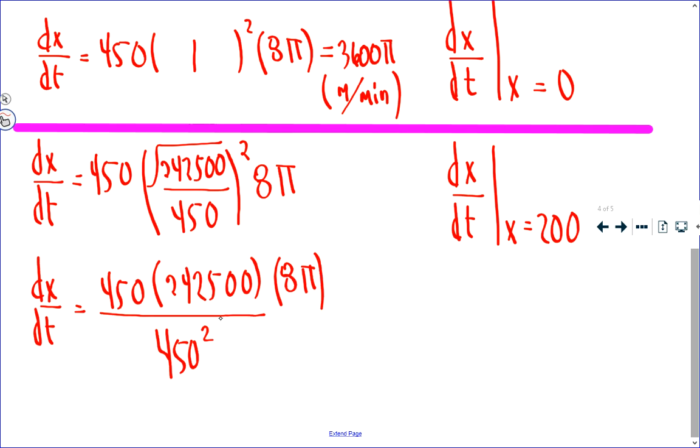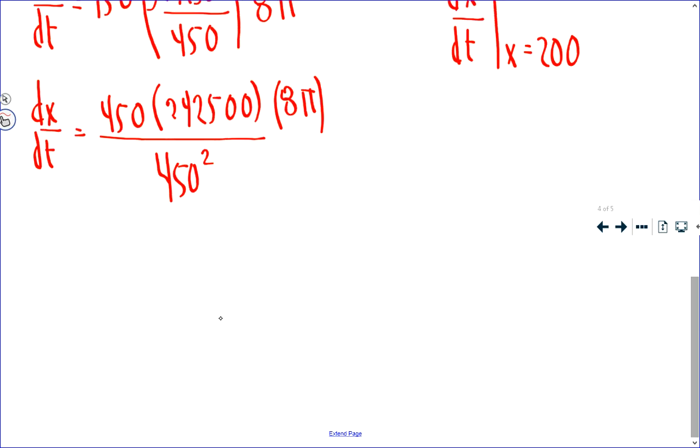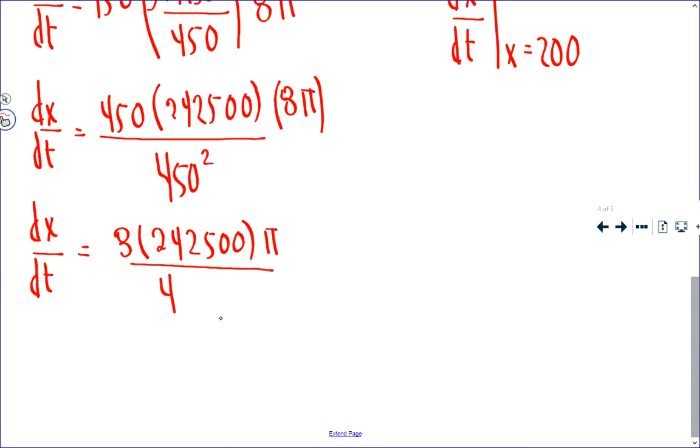I didn't even waste any time here worrying about squaring the 450 because I have 450 on the top and I have 450 squared on the bottom, which means one of those 450s will cancel, and now I'm getting very close to the point where I can write an answer. I'm going to have 8 multiplied by 242,500 multiplied by pi over 450.